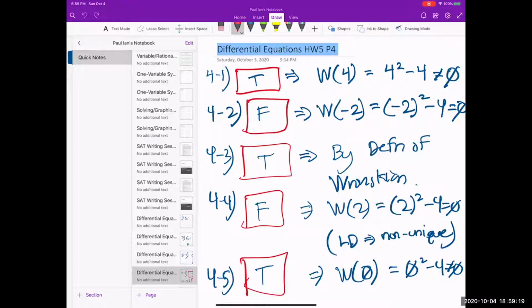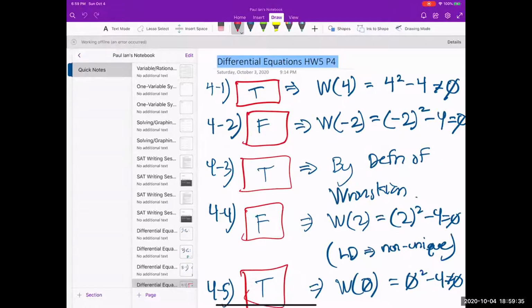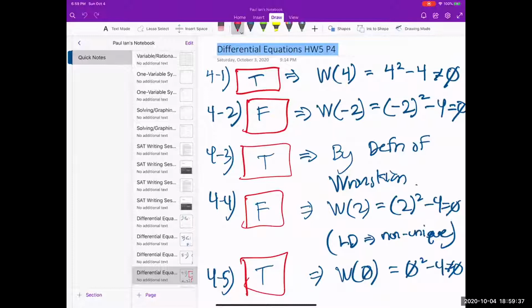I know for a Wronskian, it's a general term. It's not like it only works for second order, because the main reason for it is so that you can find whether something is linearly dependent or independent. But for the most part, I've only seen it for second order.